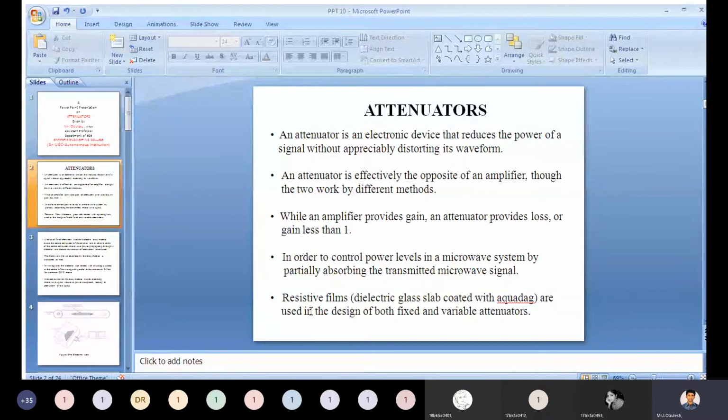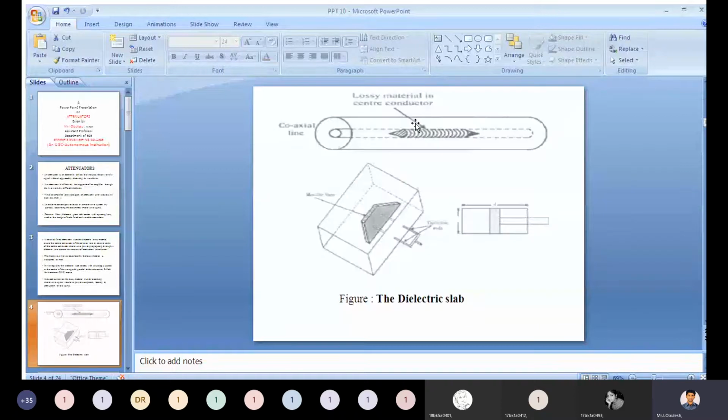You need to see the diagram for that. This is the dielectric slab. In this diagram, first you see a coaxial cable.